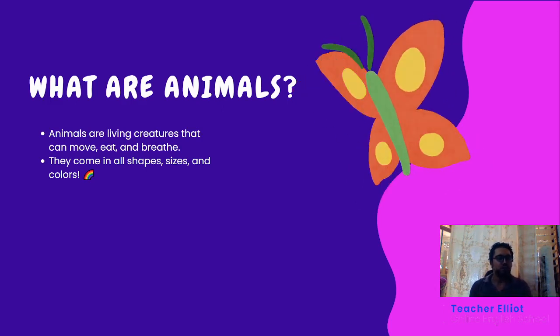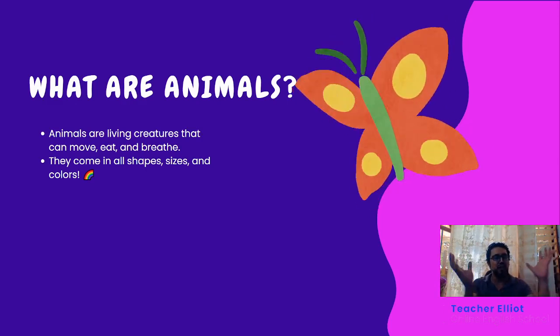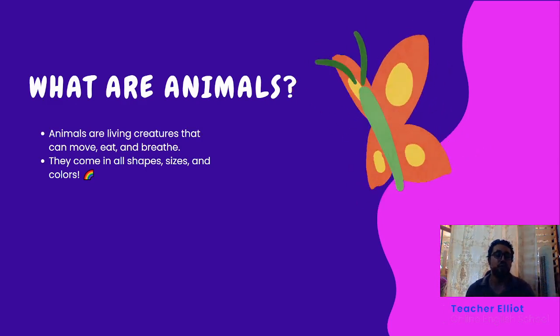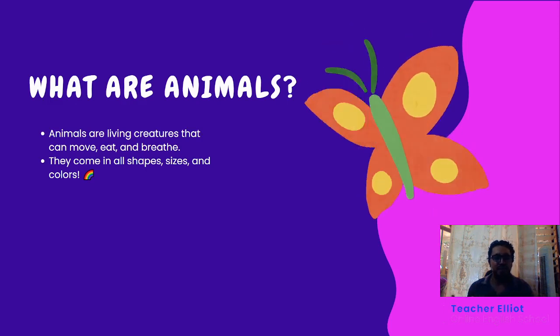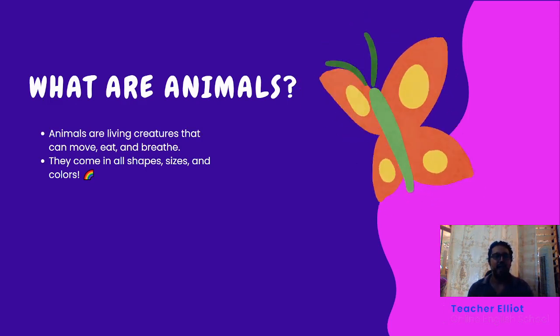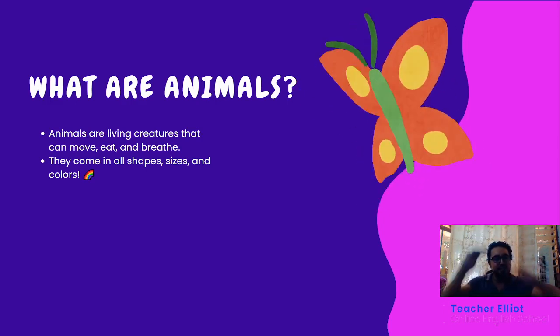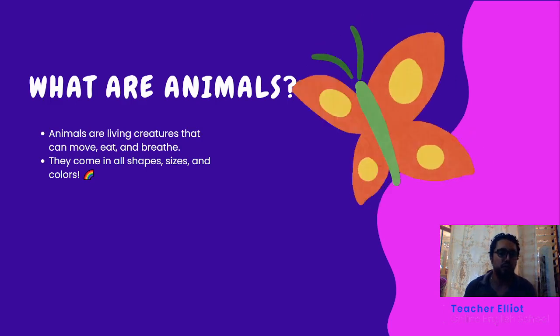So animals come in different sizes, and also different colors. If you remember the animals that you know in your life, they have different sizes and different colors. They are different in color, right?